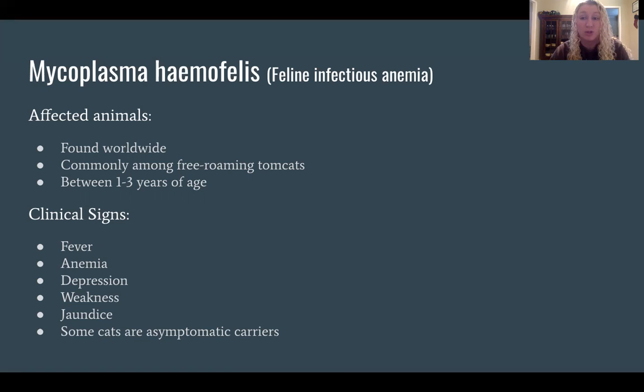But typically when you have that cat come in who's just very weak, lethargic, and you know it's an outside cat, a stray someone just picked up trying to take care of, that's the first thing that comes to mind personally when they come in the clinic.